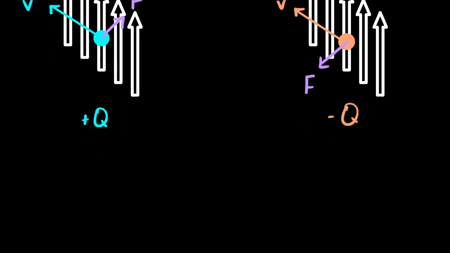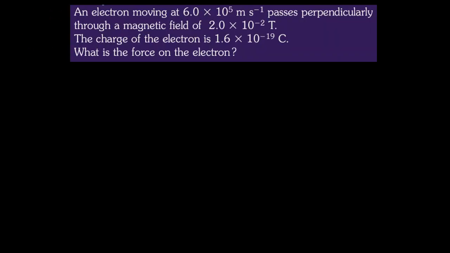So let's have a look at an example to see the application of this formula. The question says an electron moving at 6.0 times 10 to the 5 meters per second passes perpendicularly through a magnetic field of this strength. The charge of this electron is 1.6 times 10 to the negative 19. What is the force? F equals BQV sine theta.